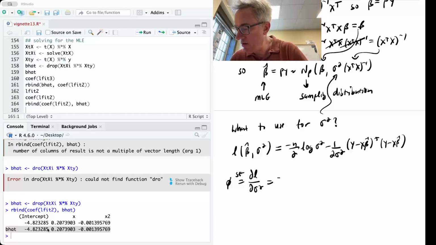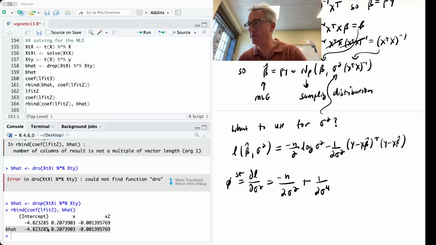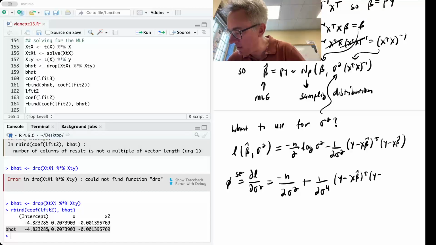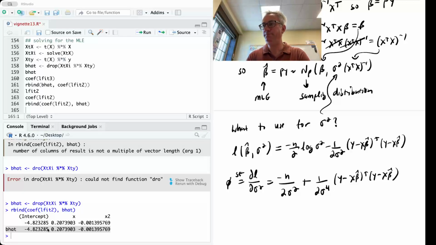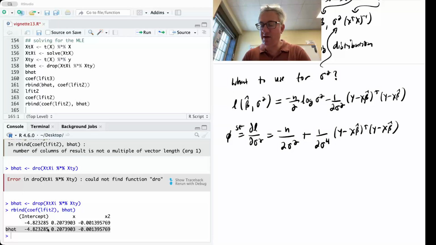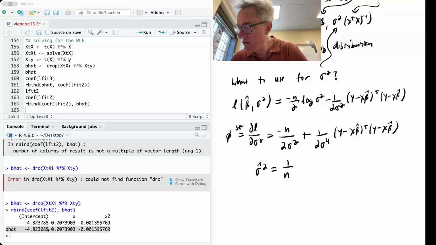And I'm going to get minus n over 2 sigma squared, and then I'm going to get plus 1 over 2 sigma squared squared, which is sigma to the 4, and then times (y minus X beta hat) transpose (y minus X beta hat). Now I just need to cancel the factor of sigma squared and move the negative 1 onto the other side and make it positive. And when I do that, I get an estimate of sigma squared that's 1 over n times this quadratic form.